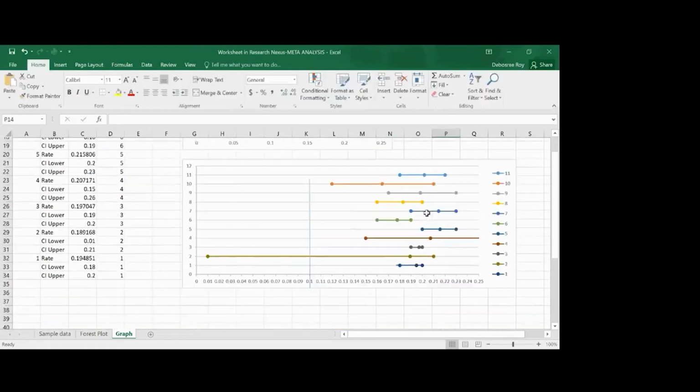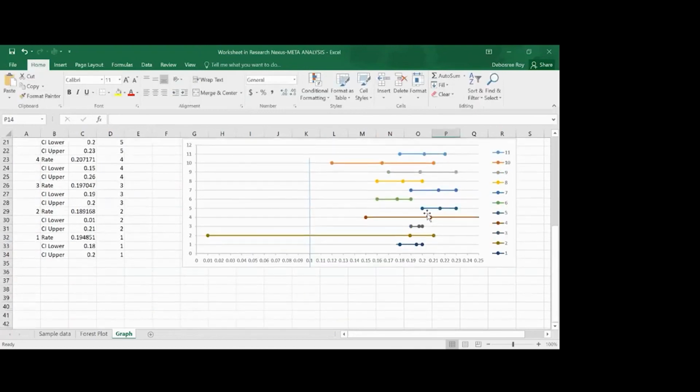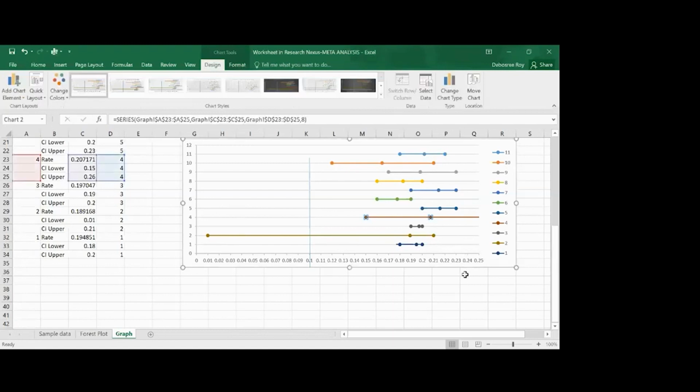So how can you deduce the magnitude and effect from this forest plot? Like how can you tell if the intervention was effective or not? We have a critical value of 1.0, but our confidence intervals actually don't cross 1, other than study number 4.